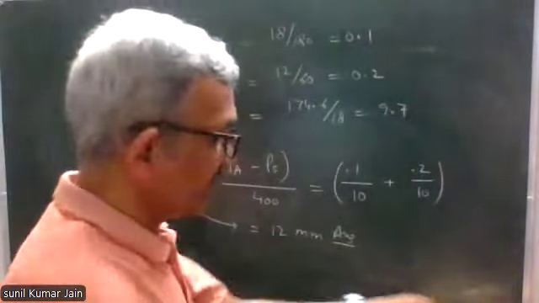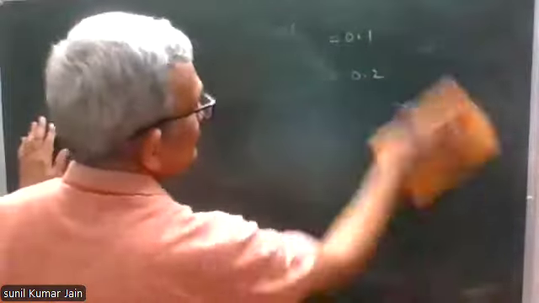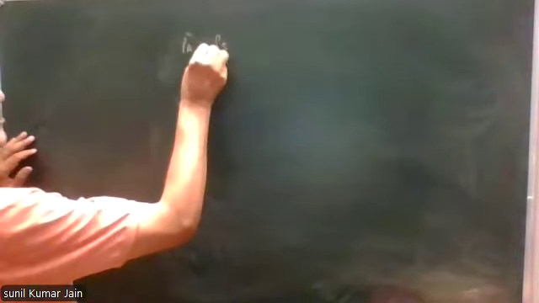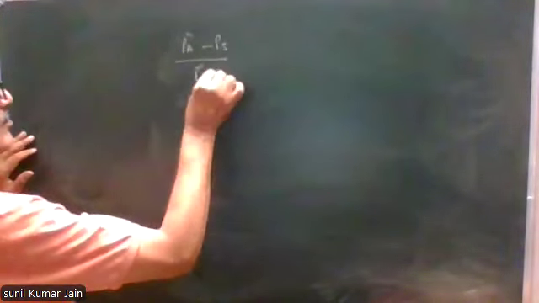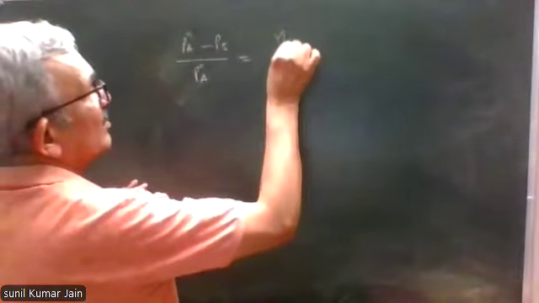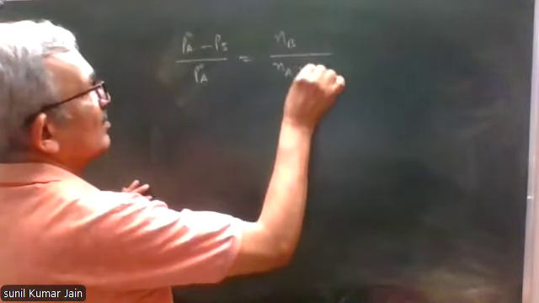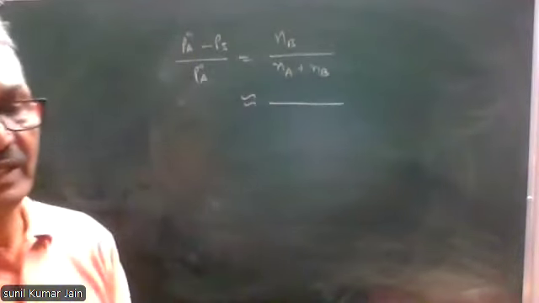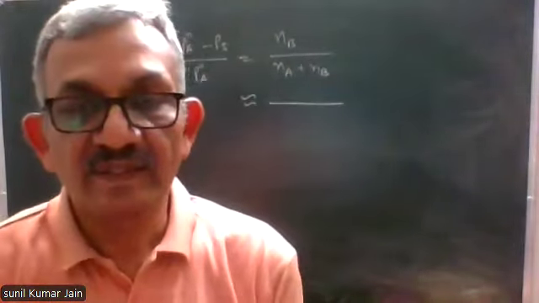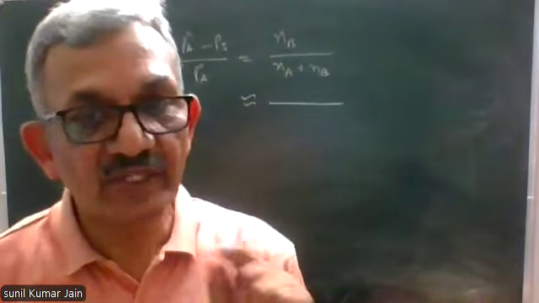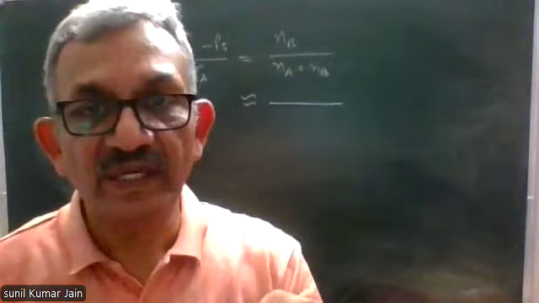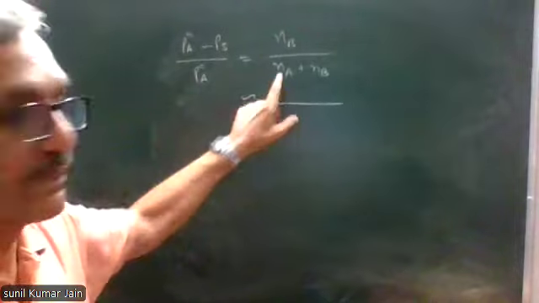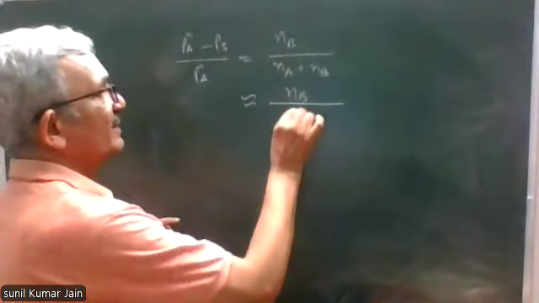Since the solution is very dilute, it means in the denominator, I can neglect the number of moles of solute compared to the number of moles of solvent. So it becomes NB divided by NA.